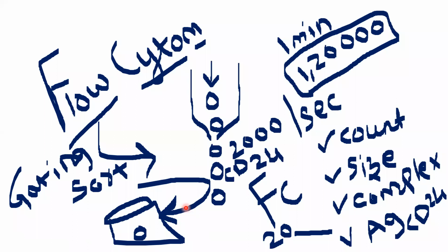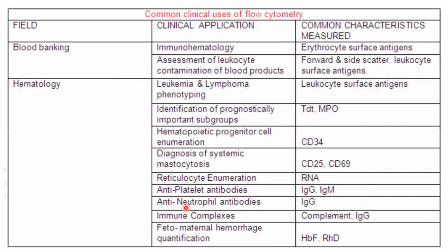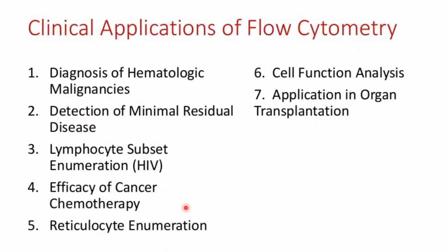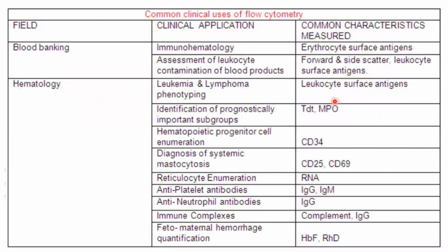So this is briefly about flow cytometer, and let us see the applications of flow cytometer. Flow cytometer is very useful to detect various types of cancers, to detect minimal residual disease in the body, to detect lymphocyte subsets in case of HIV, to detect the efficacy of cancer chemotherapy, reticulocyte enumeration, cell functioning analysis, and applications in organ transplantation.